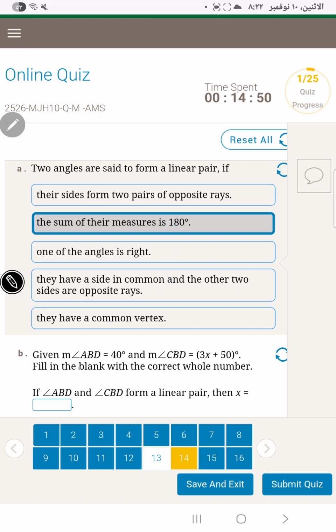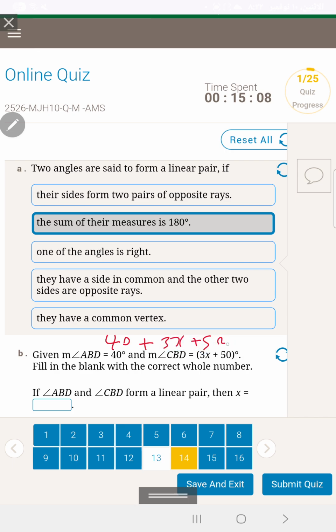Question B. Given that angle ABD is 40, CBD is 3x plus 50, fill in the blanks. If ABD and CBD form a linear pair, then x, what is it? So here you have to form an equation. 40 plus 3x plus 50 is equal to 180.